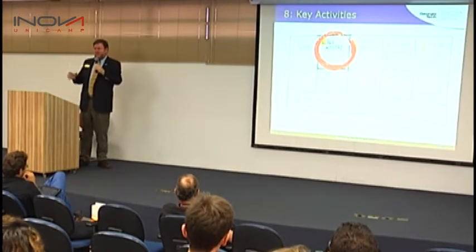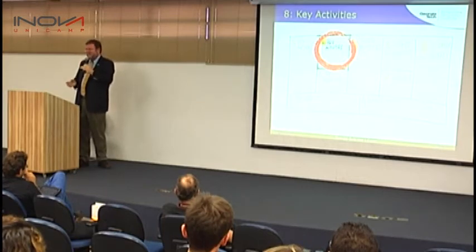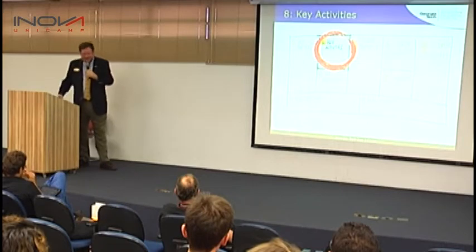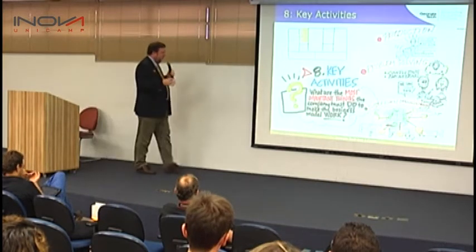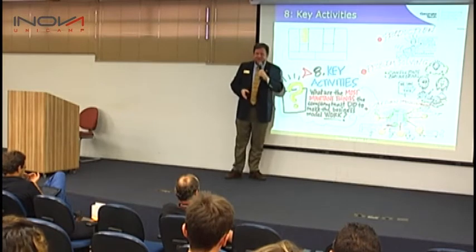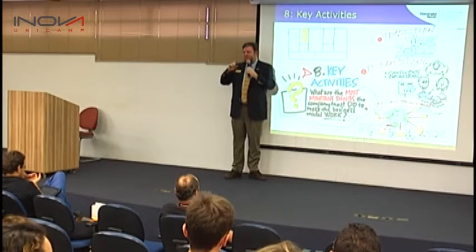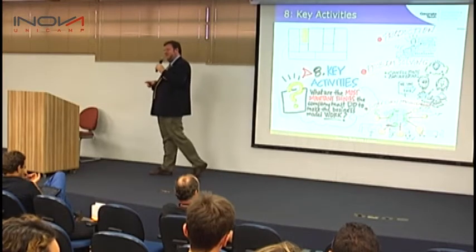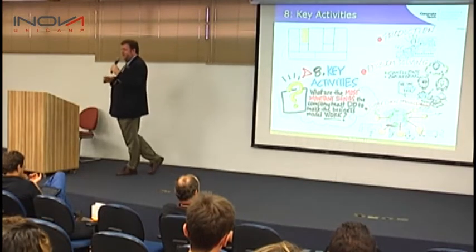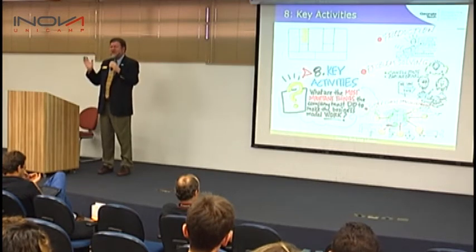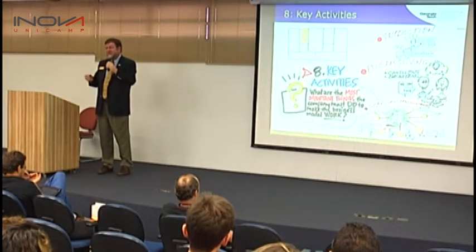Activities, again, engineers want to start with activities. This is step 8, so don't start with step 8. But once you get to this point, what are the important things you've got to do? If you've done this process right, if you've actually followed the steps and you've gone through the 100 interviews, this is easy. It actually is obvious. It's as simple as typing.